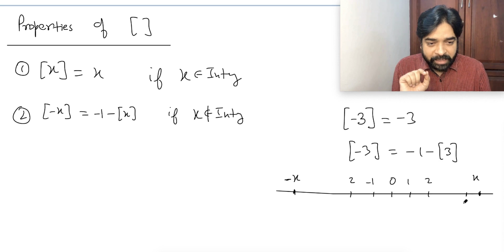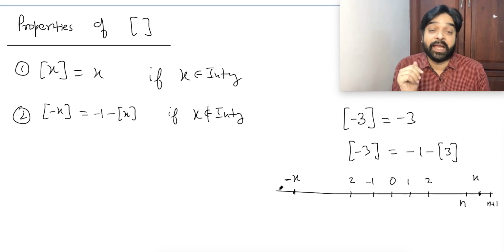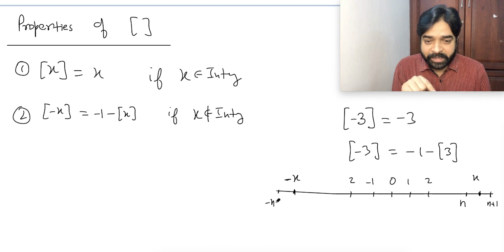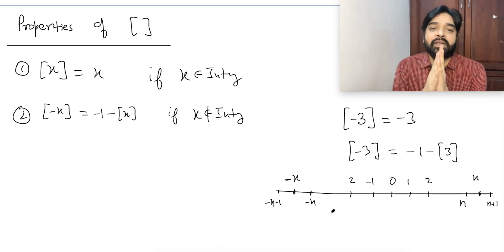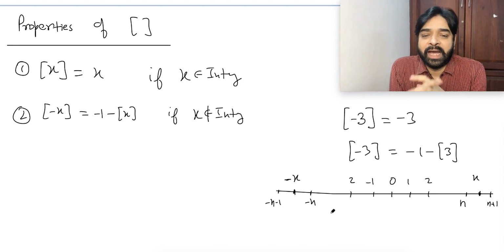So suppose x lies between n and n plus 1. So where will minus x lie? That will lie between minus n minus 1 and minus n. Have you understood? I am just making a mirror image.